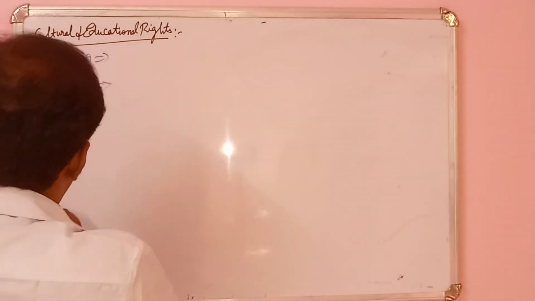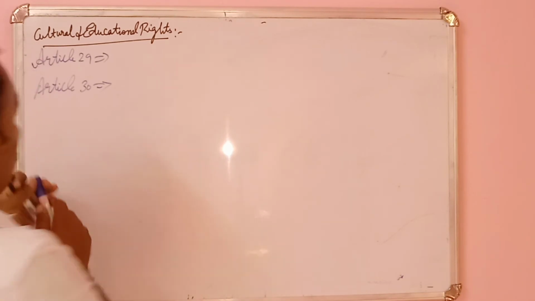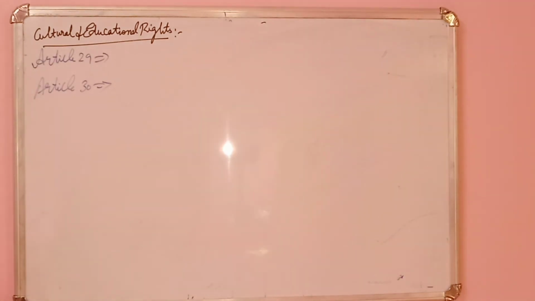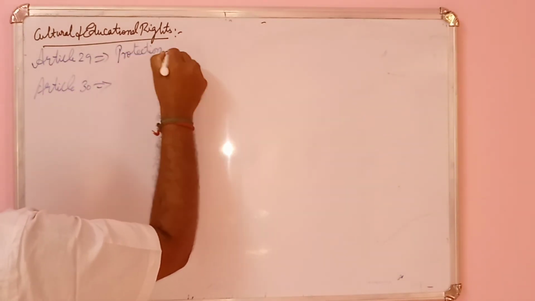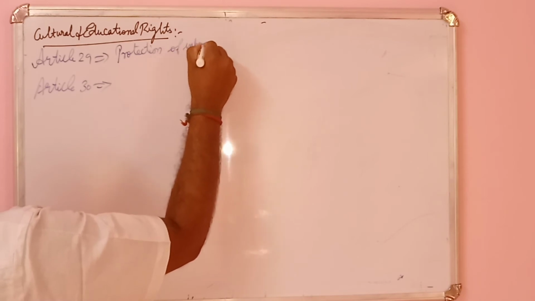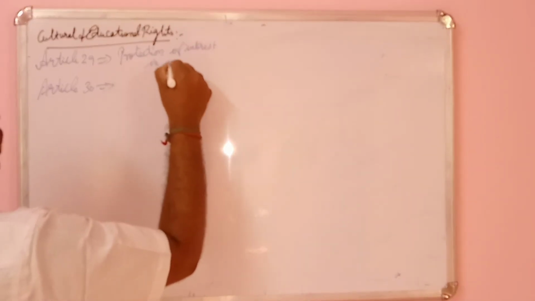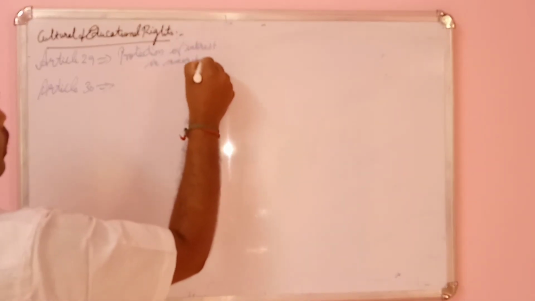Article 29 is protection of interests of minorities, and mainly that should be protected in minority educational institutions and everything.